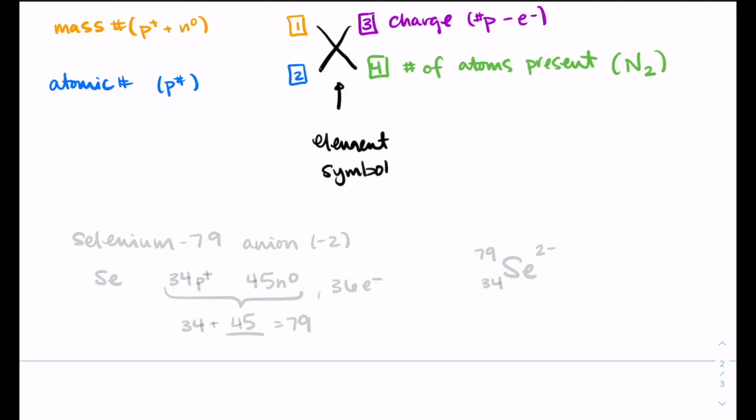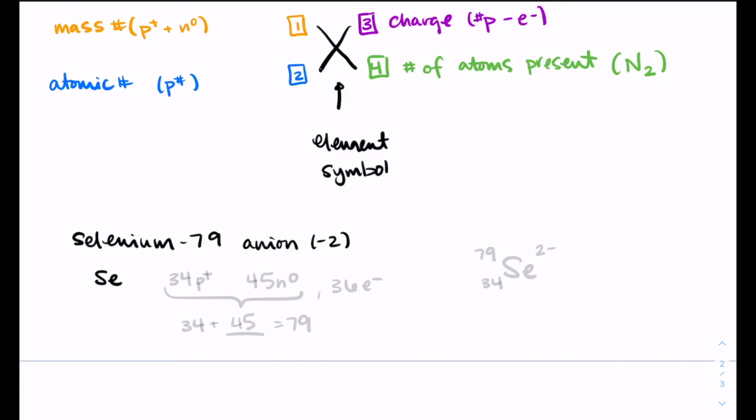So just do a quick example that is 1 atom. So we're not going to have that space number 4 filled up with anything, but let's do a selenium 79 anion that has a negative 2 charge. So selenium, when I look it up, the atomic number is 34, and the symbol is capital S with a lowercase e.